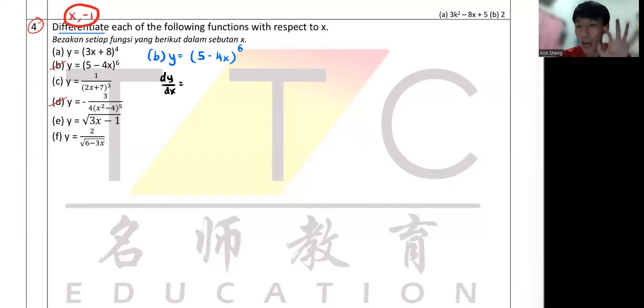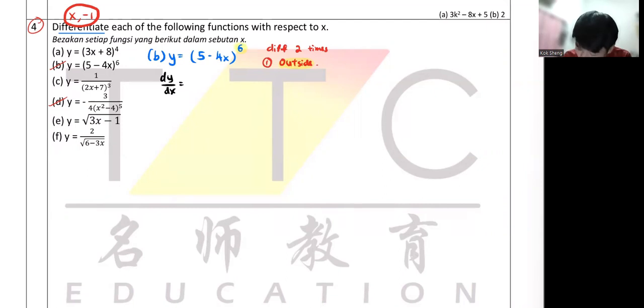So how we're going to differentiate it: we need to differentiate two times. The first time will be outside, which means using the power outside the bracket, which is the positive 6.